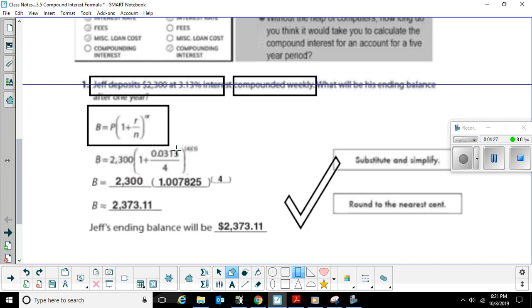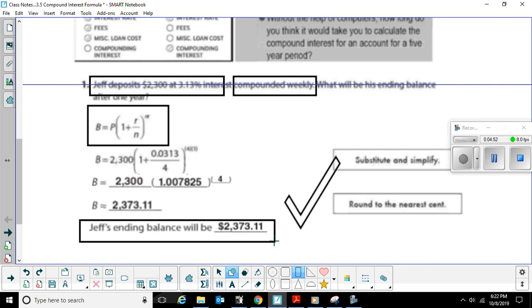We're going to turn our percentage into a decimal, and we're going to put that compounding weekly into the denominator. So what I have now is the 2,300 being multiplied by that decimal raised to a power. So what is Jeff's ending balance?